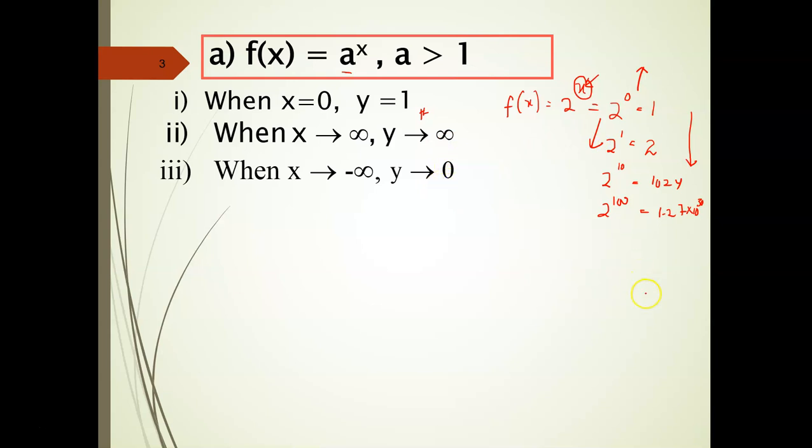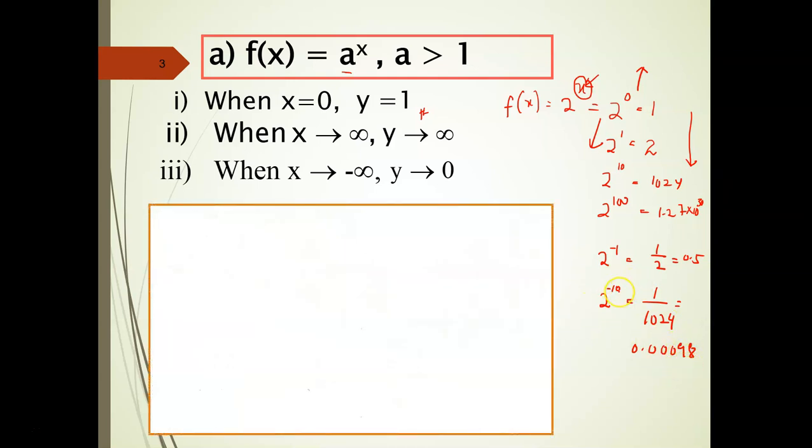You can try substituting 2 power negative 1, which gives 1 over 2, that is 0.5. 2 power negative 10 is 1 over 2 power 10, so 1 divided by 1024 will be 0.0000098. It's approaching 0.